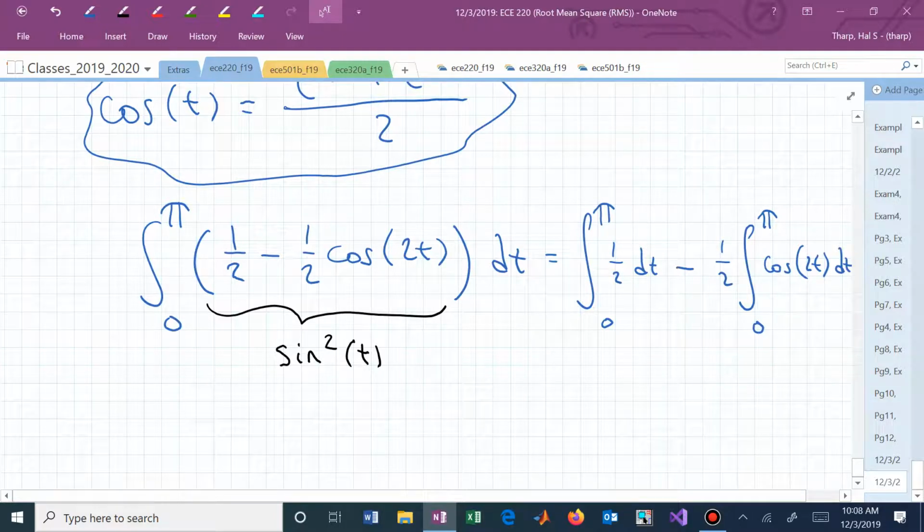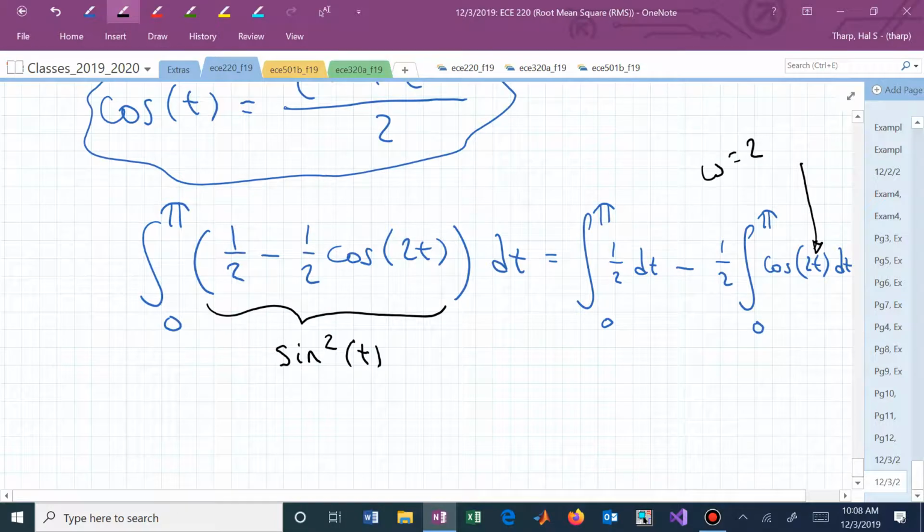What's that second term going to do? What's the frequency of this now that we've doubled it?